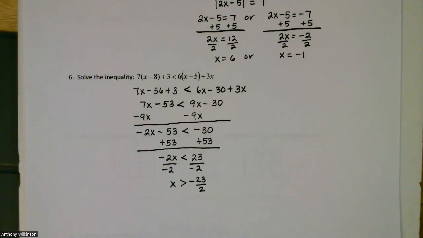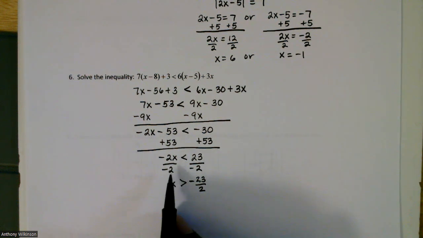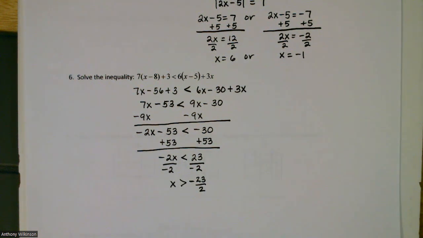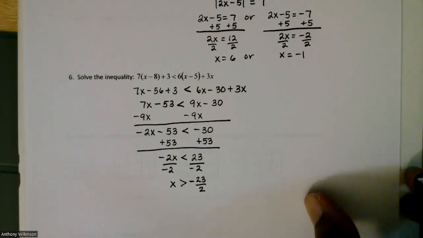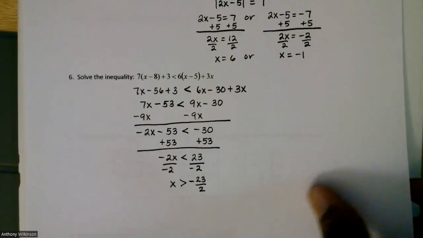So x is greater than negative 23 over 2 will be the solution set for that inequality. And keep in mind, anytime you multiply or divide both sides of an inequality by a negative, your inequality symbol switches over to the opposite direction. All right, so that's problem number 6.